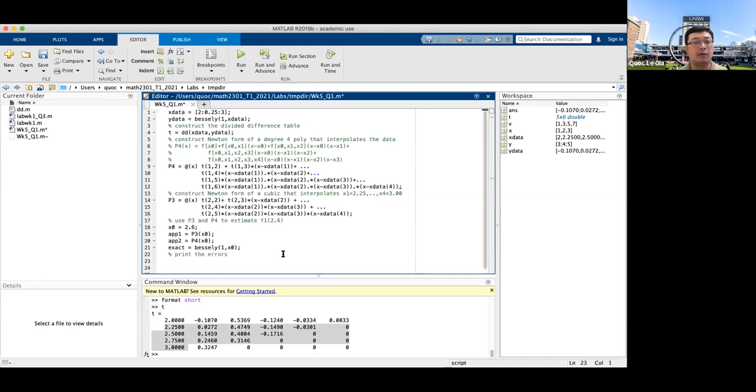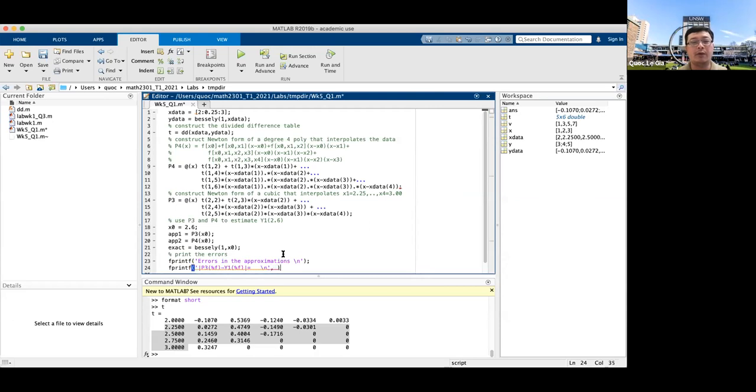So fprintf, errors in the approximation, then fprintf. Now you write out P3 at X0. I want to write X0, but I just put in some real number, because suppose I want to change the value of X0.